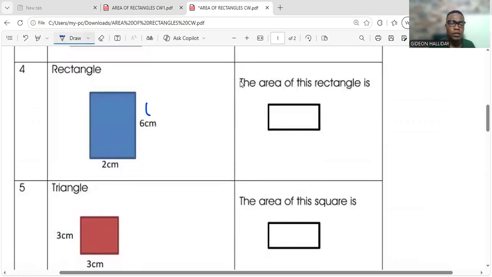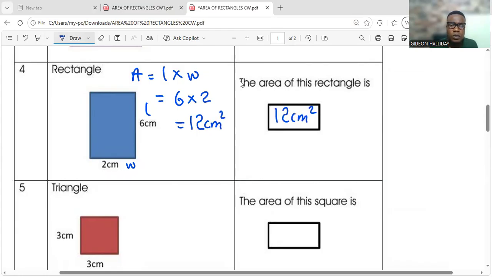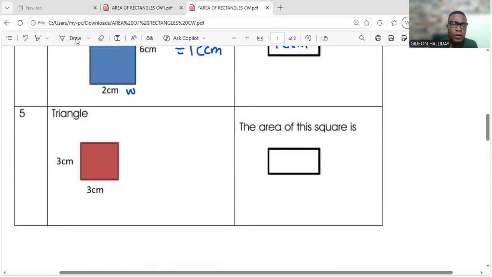This is the length, this is the width. You can choose either as the length because of the commutative property of multiplication. So area equals length times width, and that's 6 times 2, which equals 12 centimeters square. That's super easy, right? Nothing really difficult here.